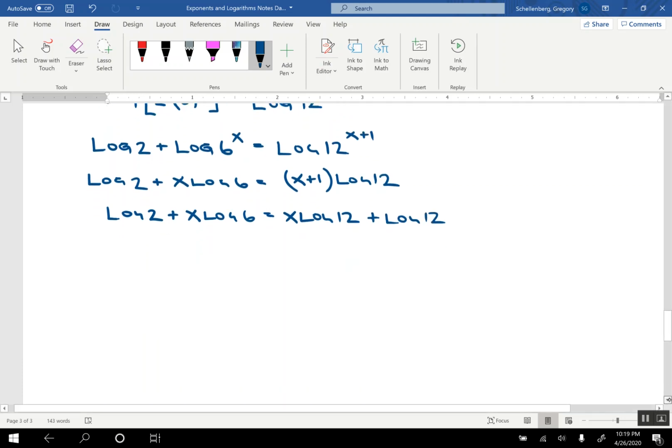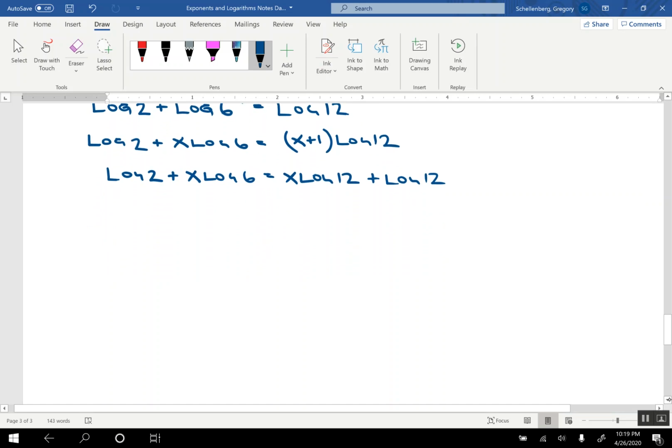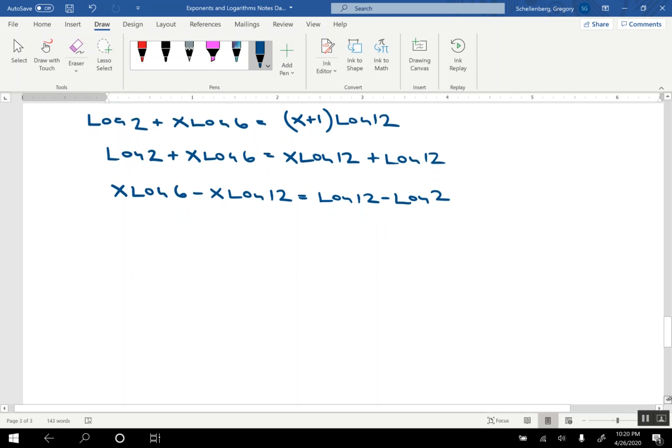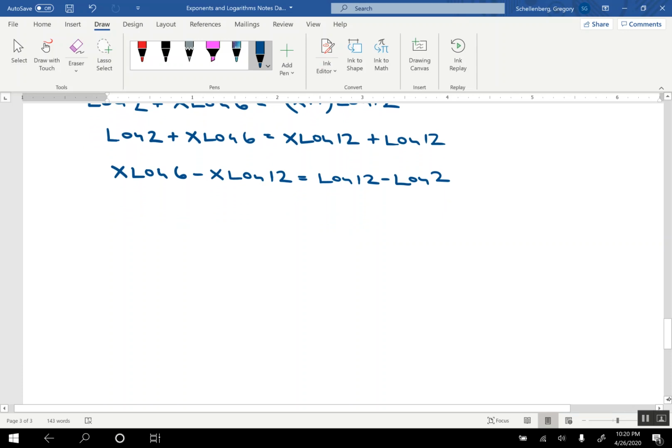Okay, anything containing an x to one side, anything not containing an x to the other side. Next step here, we've got x log 6 minus x log 12 is equal to log 12 minus log 2. The two terms on the left-hand side of the equation both contain an x, so let's factor that x out as a GCF.